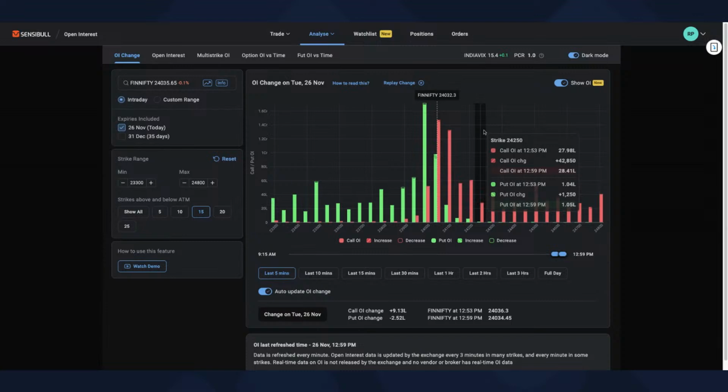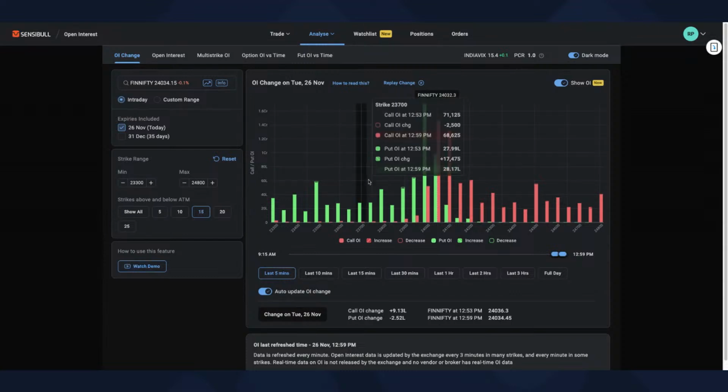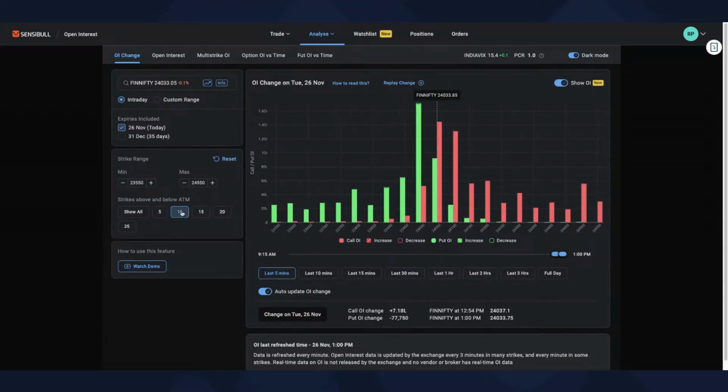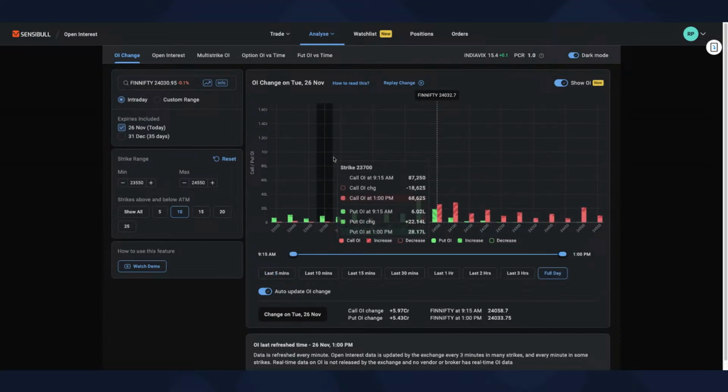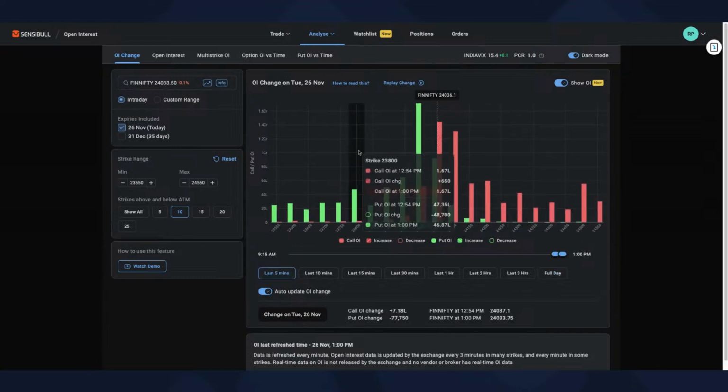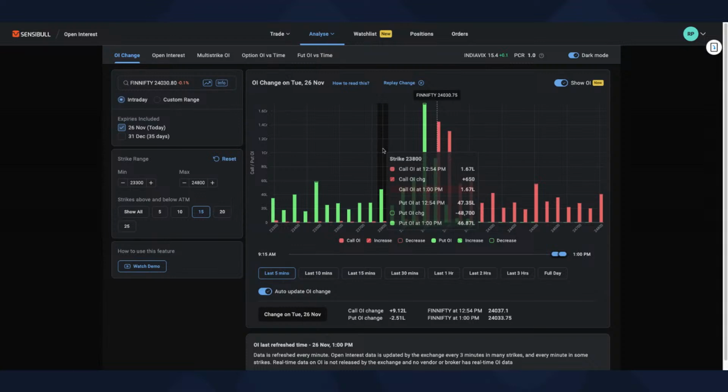Oh, you said the call side OI is going down. Okay, let me just check. PCR is 1.0. I don't think that's true. Even if I do it for the full day, let's do last 5 minutes. No, I think call side OIs are actually increasing. I think they're not going down.